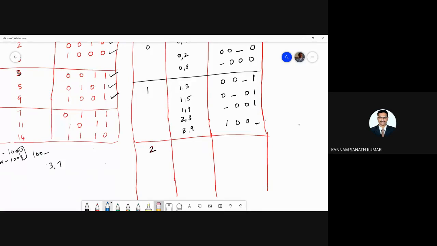What is 3? 3 is 0 0 1 1 and 7 is 0 1 1 1. So it differs by 1 bit. You can write 0 dash 1 1.